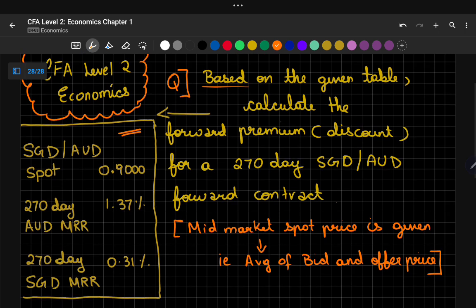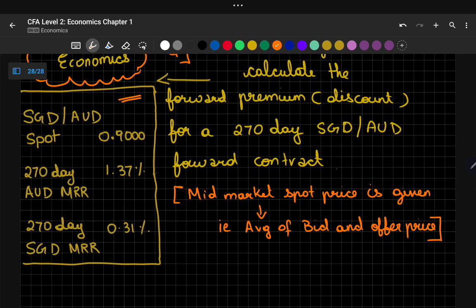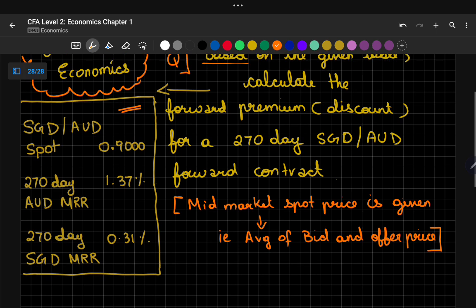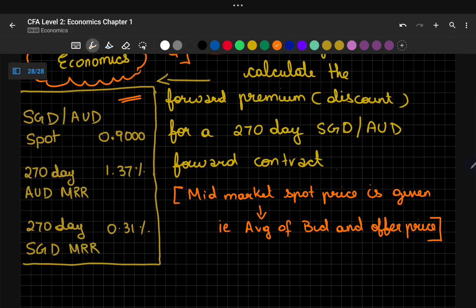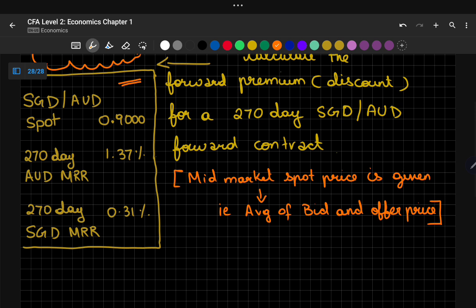Based on the given table, calculate the forward premium or discount for a 270-day SGD to AUD forward contract.